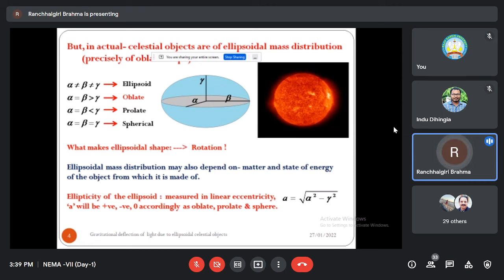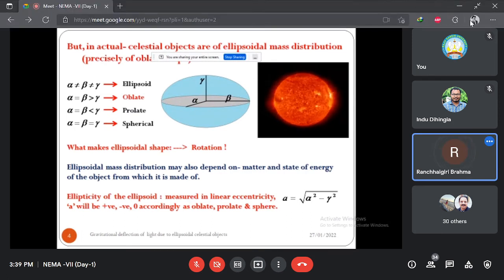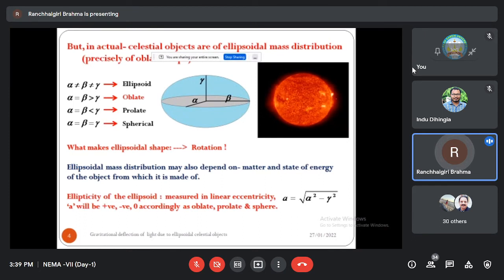A spherical object is a special case of the ellipsoid, when alpha, beta, and gamma are all equal. The ellipsoidal distribution of mass may depend on the rotation of the gravitating object, and also on the matter or energy from which it is made.